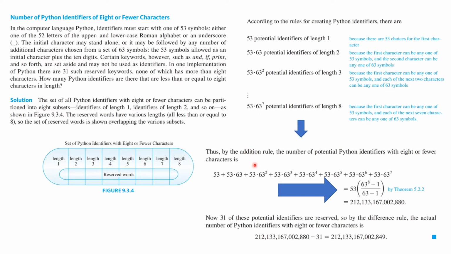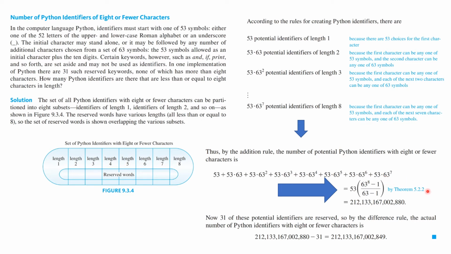Thus, by the addition rule, the number of potential Python identifiers with 8 or fewer characters is, you add those all together, but you have a common factor of 53. So we factor out 53, and what is left is 1 plus 63 plus 63 squared plus 63 cubed plus, all the way up to 63 to the 7th.